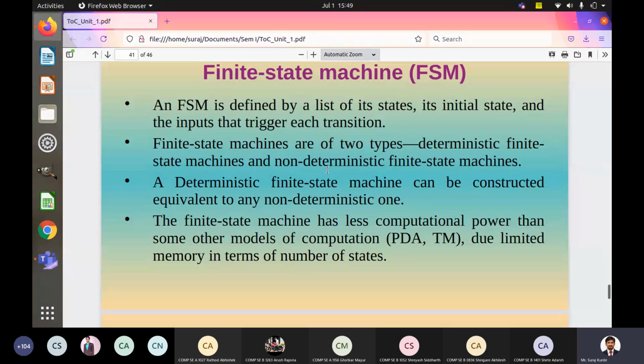First, deterministic finite automata or finite state machine, and second is non-deterministic finite state machine.